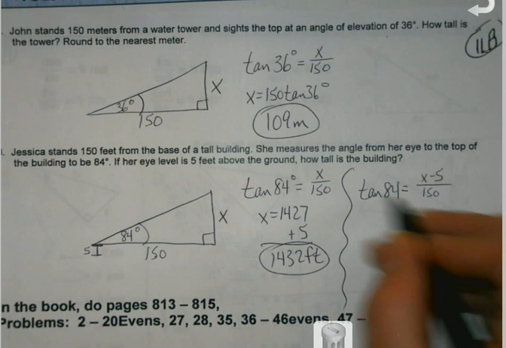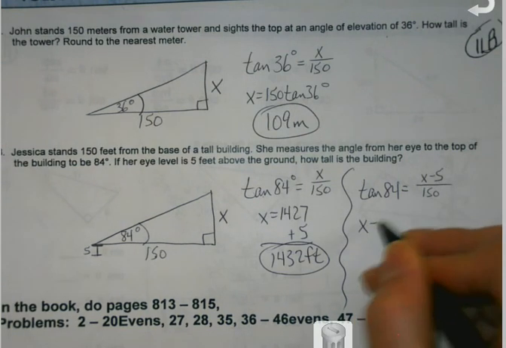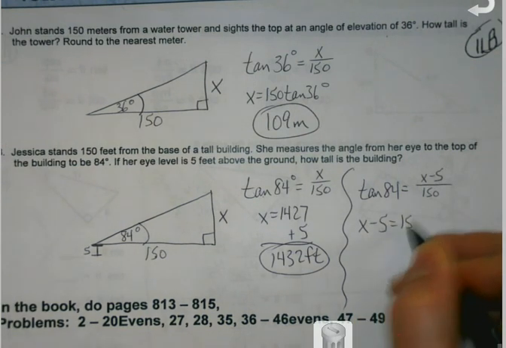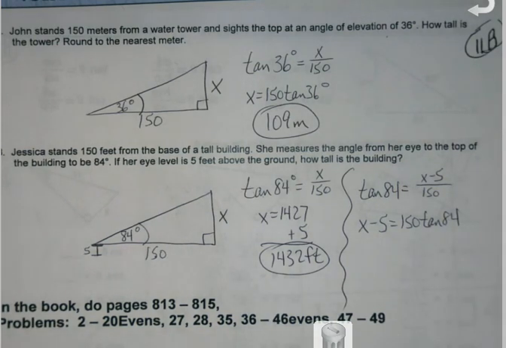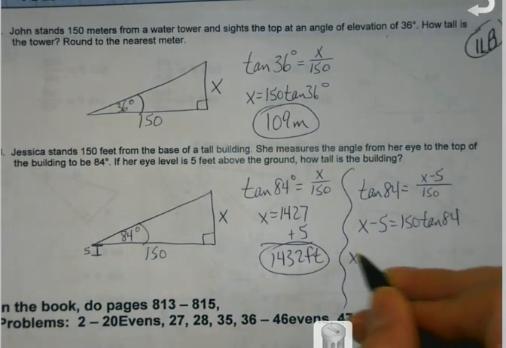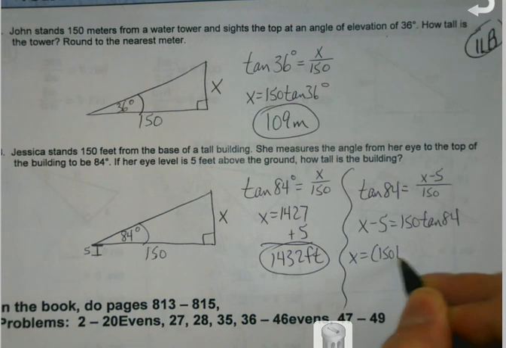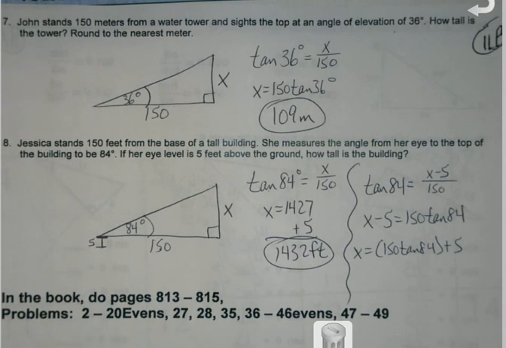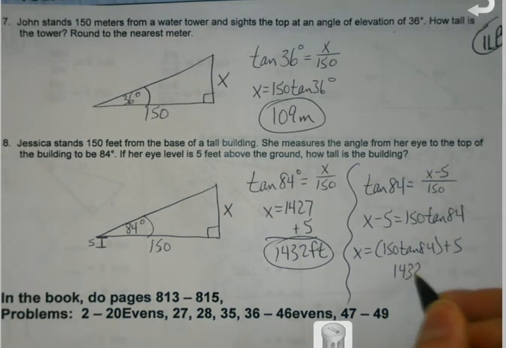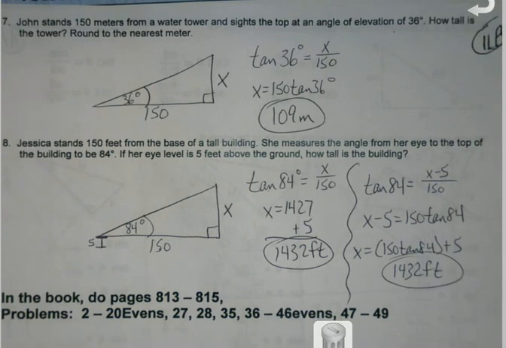Just watch. When I cross multiply, and I'd add the 5 over. And you notice I get the exact same answer, because I'd do 150 times the tangent of 84, but I would just add it in right away to make sure I don't forget.